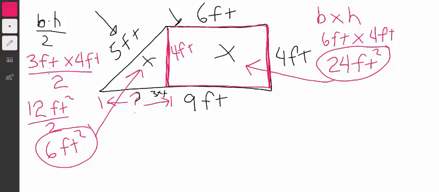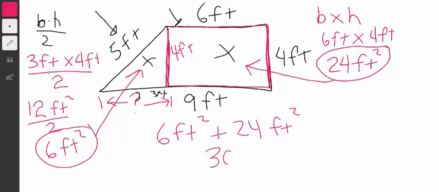So then we'd add the 6 feet squared to 24 feet squared. Let's go ahead and add that up together. 6 square feet plus 24 square feet is 30 square feet. Beautiful. That is our final answer.